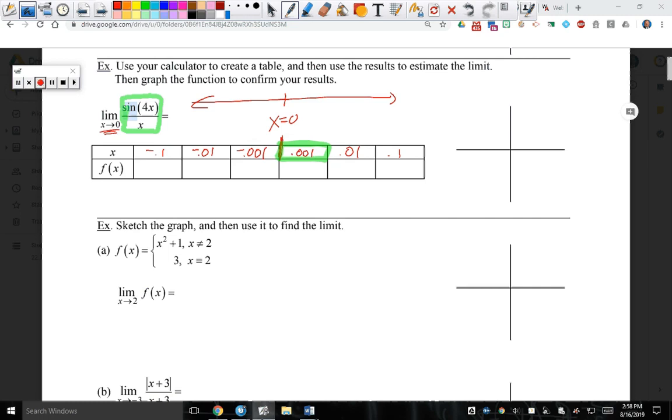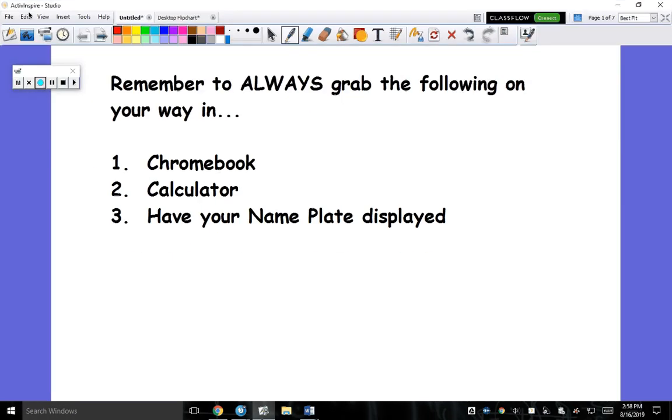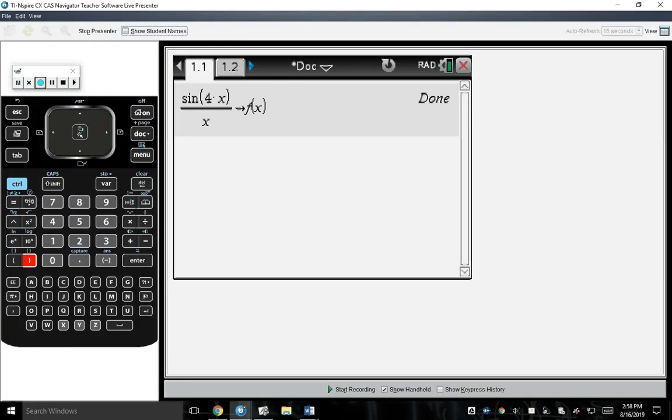Now, I'm going to go to my calculator, and I'm going to enter all of this into the calculator from left to right. So follow me closely. In the calculator, what's the y value, aka f of negative 0.1?